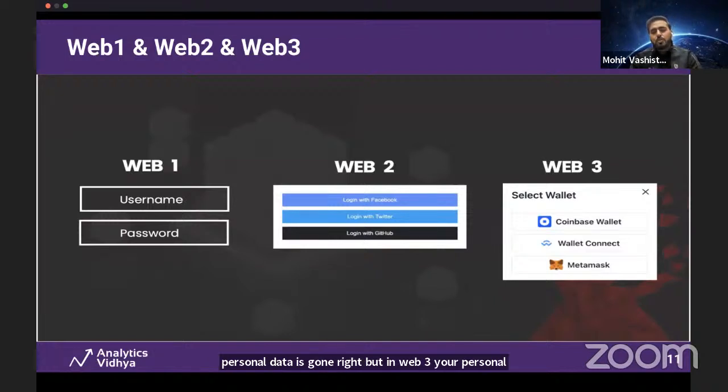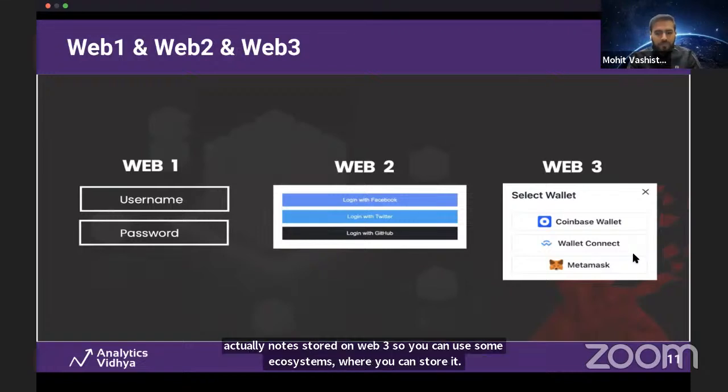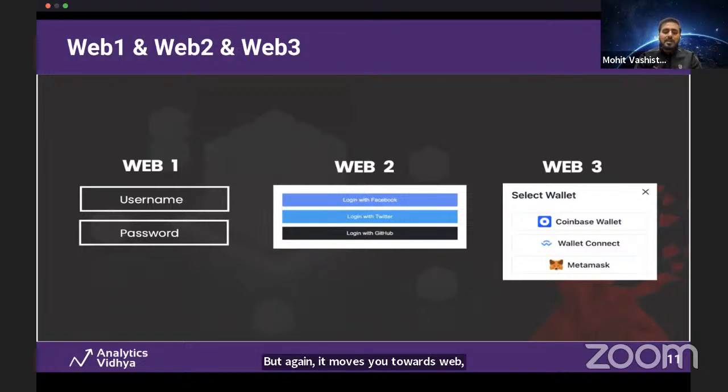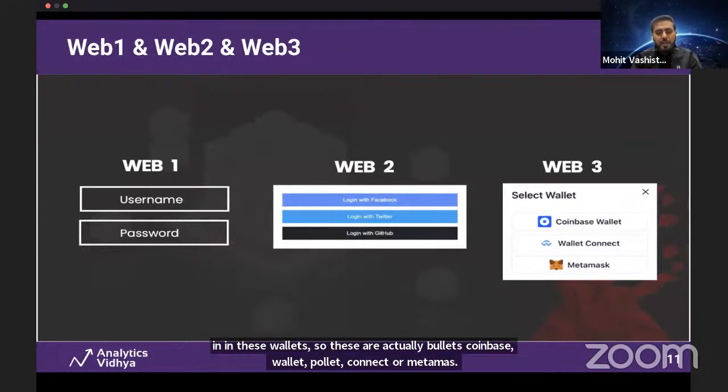Your password stored on Facebook means it is stored on web 2, but your private key is actually not stored on web 3. You can use some ecosystems where you can store it, but again that moves you towards web 2. These are wallets: Coinbase Wallet, WalletConnect, or MetaMask. They are a user interface which provides you your public key and private key.